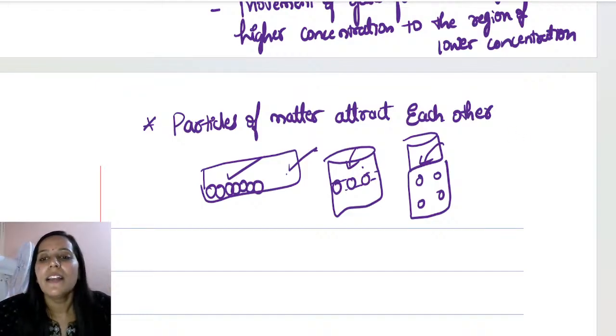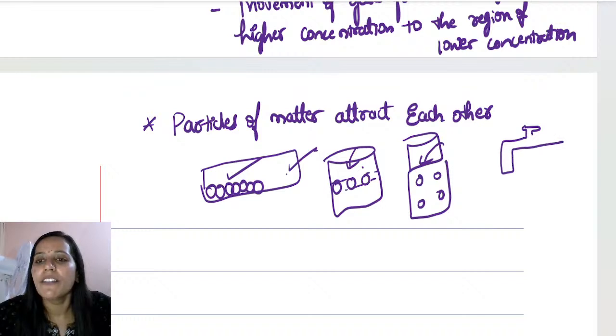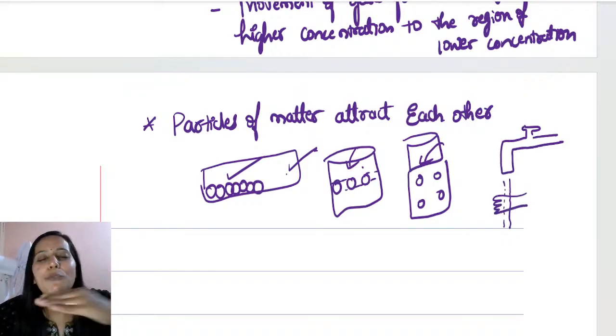Or we can also take another example, children. Say, you might have played with the water coming out of the tap. If you move your finger to and fro through the water from the tap, what happens? The water still continues to move. It does not cut. Will the water cut? No, right?